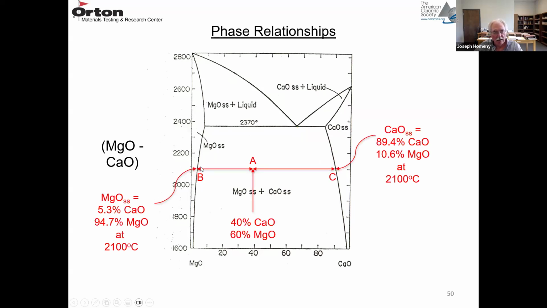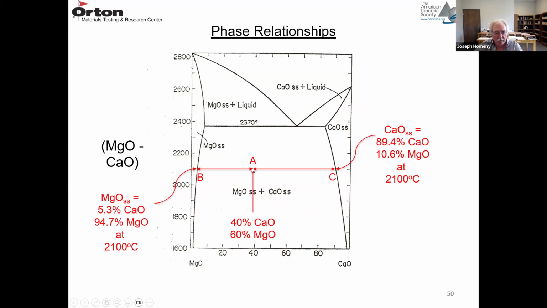So if we draw a tie line from B to C here at 2100 degrees C, and pick a composition A here, 40% CaO, 60% MgO. Point B has the composition shown here, about 5% CaO and 95% MgO. Point C is about 90% CaO and 10% MgO. So here's our starting composition.